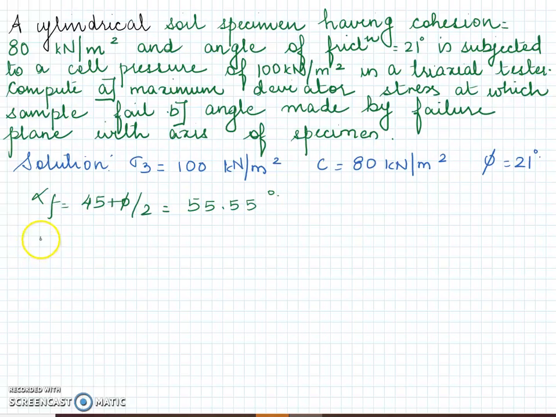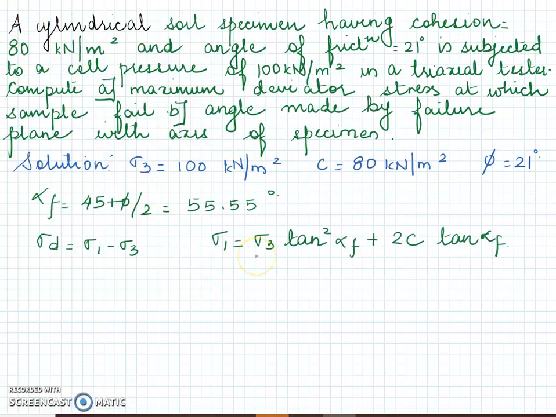Then the second thing that is asked is deviator stress. What is deviator stress given as? Sigma D is equal to sigma 1 minus sigma 3. How difficult is it to find sigma 1 and sigma 3? Right? So first, let's find sigma 1. We have an equation for sigma 1 in terms of sigma 3, alpha and C. All these parameters are given to you. Substitute them.